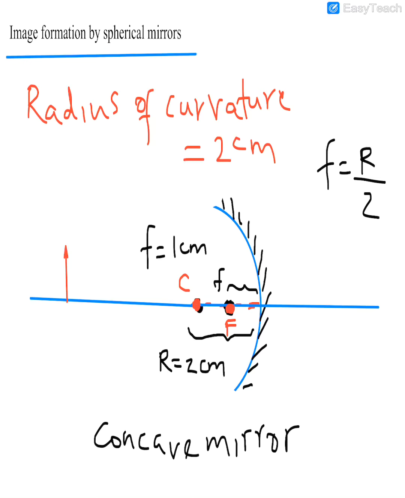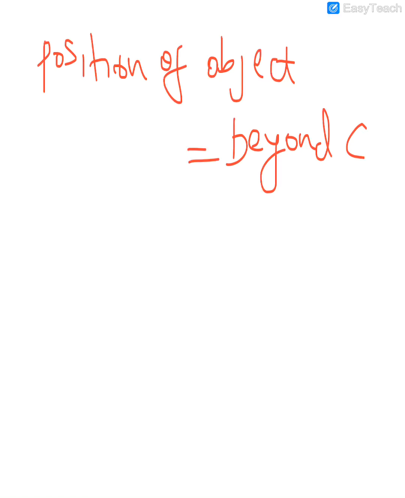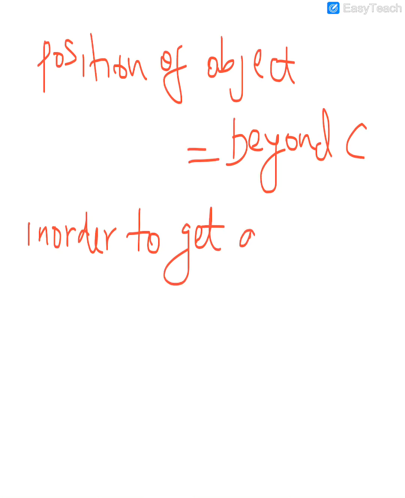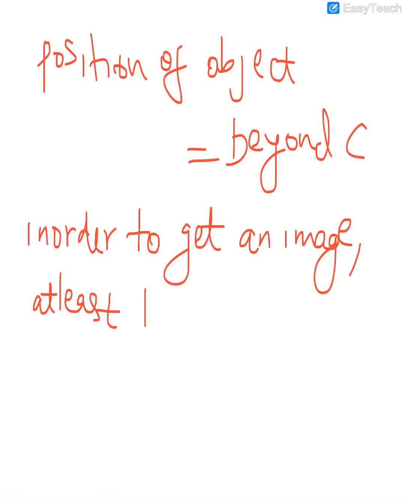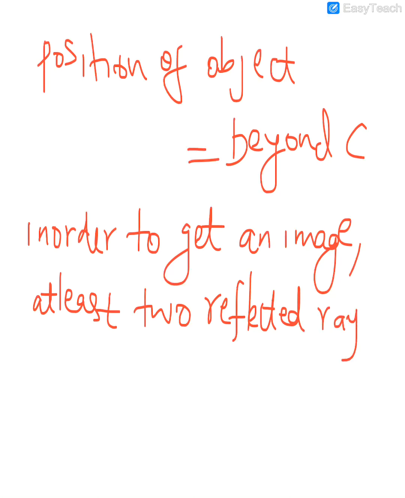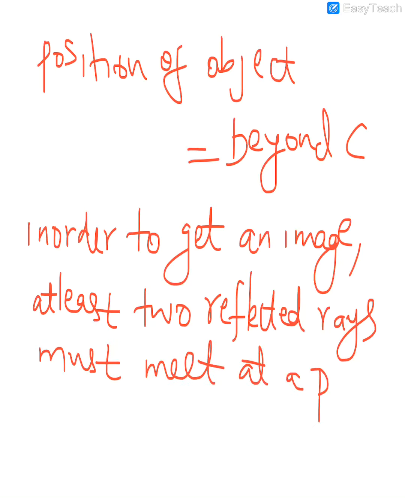For applying those rules, the condition is that in order to get an image, please remember this, at least 2 reflected rays must meet at a point.